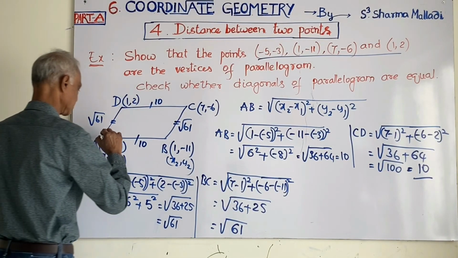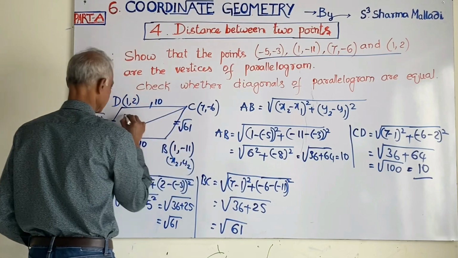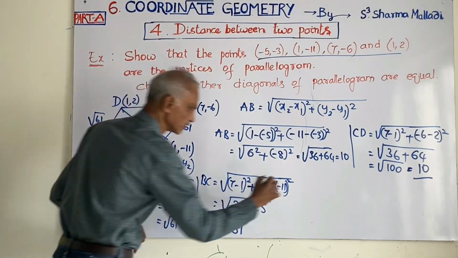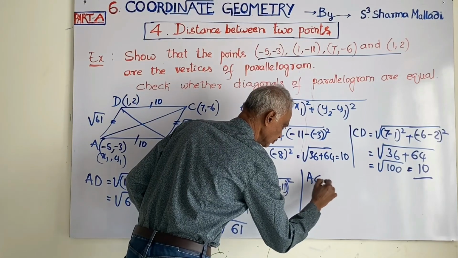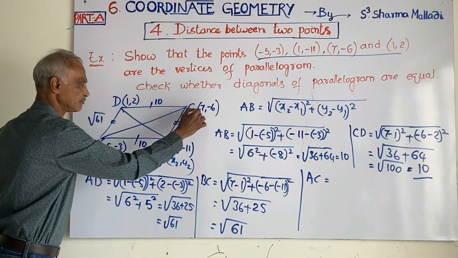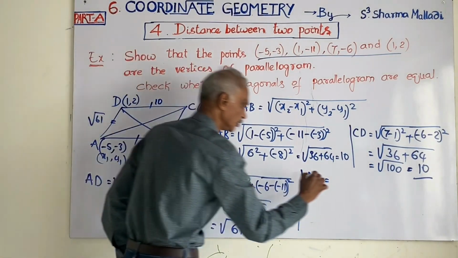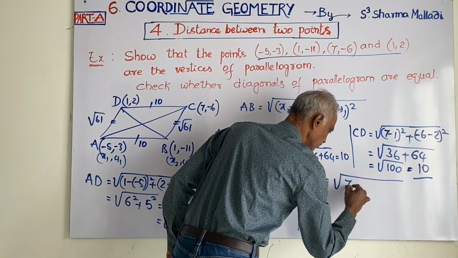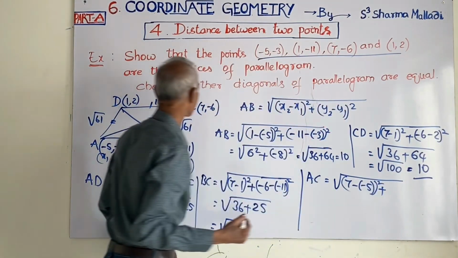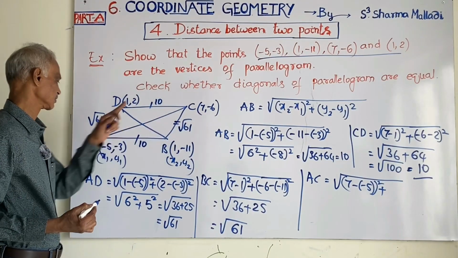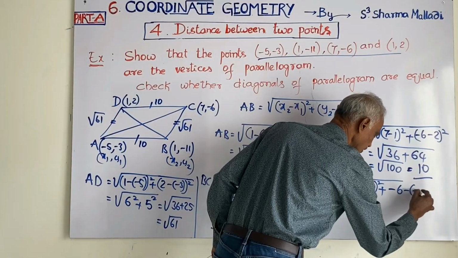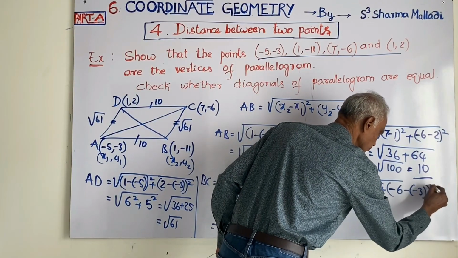We have to check, by using distance between 2 points. First we will find the distance between A and C, diagonals. AC is equal to, this is x1 y1 and this is x2 y2. Root of 7 minus of minus 5 whole square, plus minus 6 minus of minus 3 whole square.